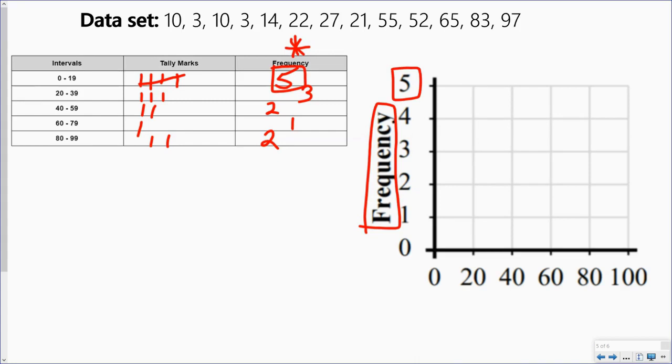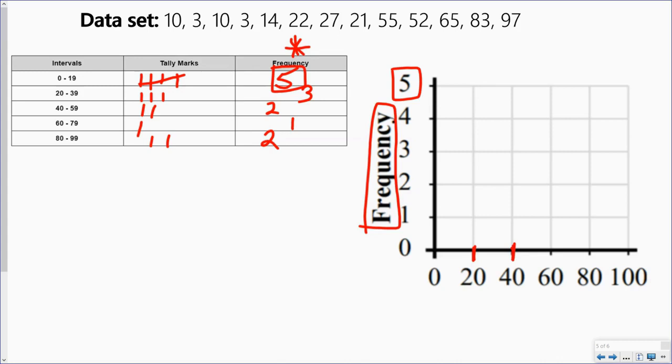And if I look over here, I've got ranges of 0 to 19, 20 to 39. And so that means they're going to meet right here at this 20. The range 20 to 39 and 40 to 59 is going to meet right here at the 40.